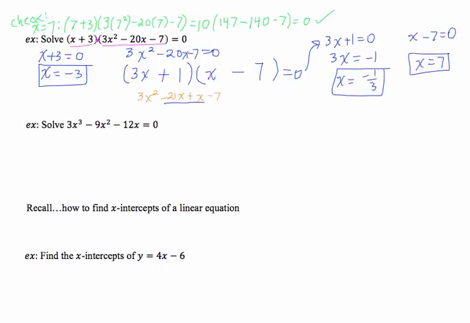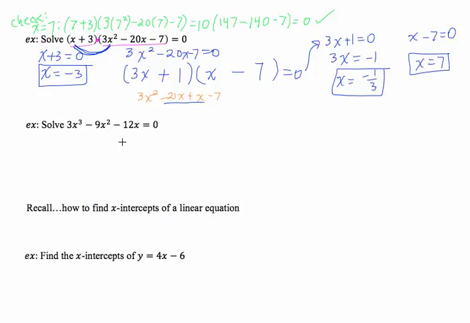Now this one is also a cubic because the highest power of x is 3 here, and actually the previous one we did is a cubic as well because if you multiplied every term by every term, your highest power of x would come from those first 2 terms right there, x times 3x squared, which would be 3x cubed. So this is also a cubic, like this one.